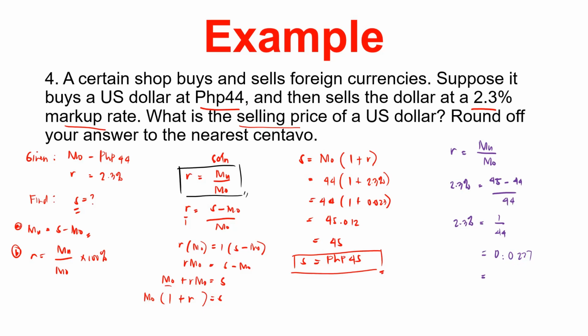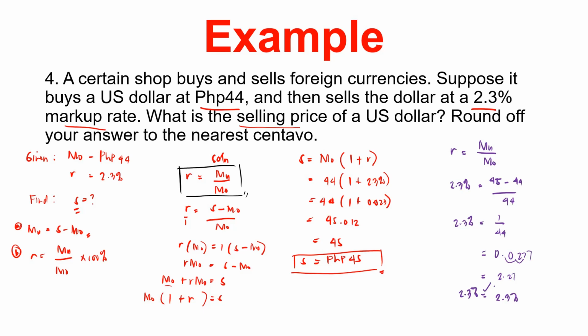Okay? Ko-convert natin siya sa rate. So, move your decimal point twice to the right. So, we have 2.27. Since naka-round off yung rate niya into nearest tenths, so we have 2.3%. So, nag-equal sila, class. Okay, so proportion sila sa isa't isa.